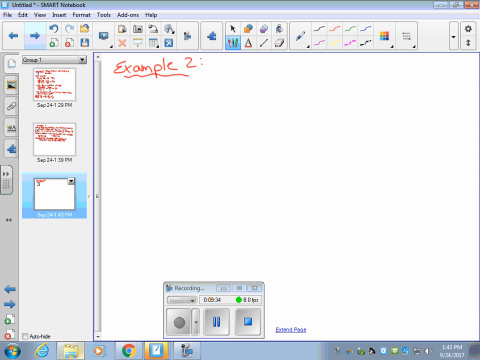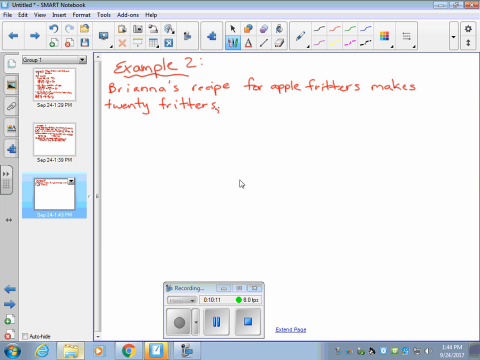We have Brianna's recipe for apple fritters, makes 20 fritters, and uses 2/3 cup milk.